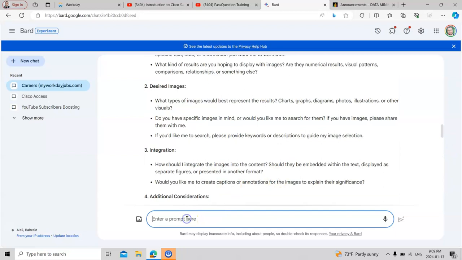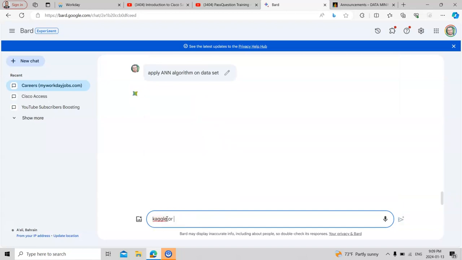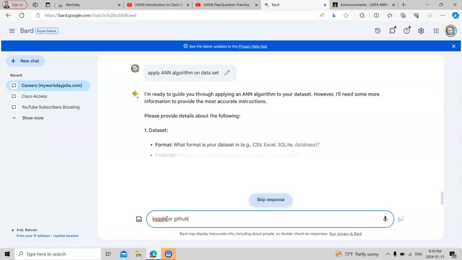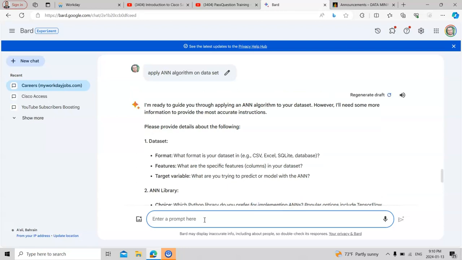Second, if I say you can apply an ANN algorithm on a data set, mostly I get the data sets from Kaggle or GitHub. You can test different data sets there. The next thing could be some unseen question, like LSTM, which is one of the algorithms for time series.